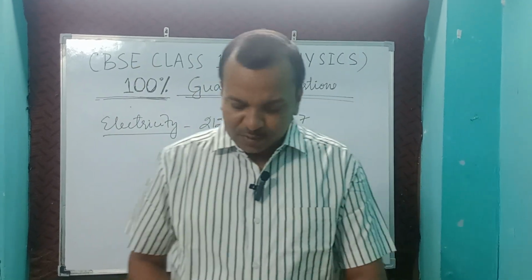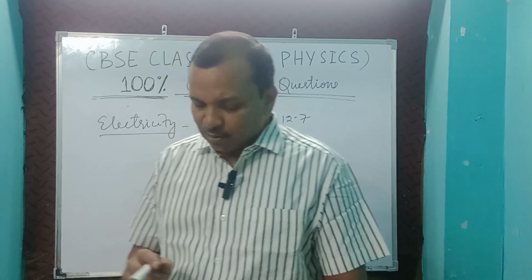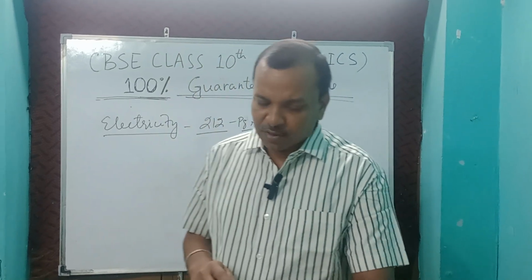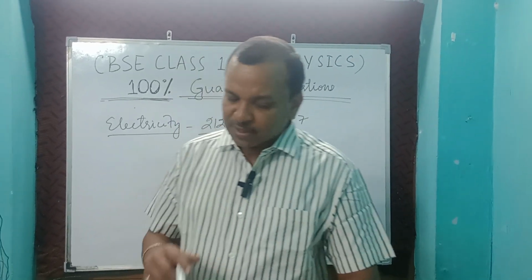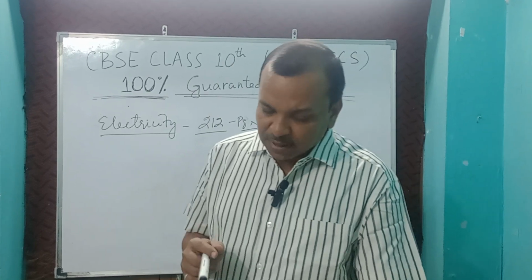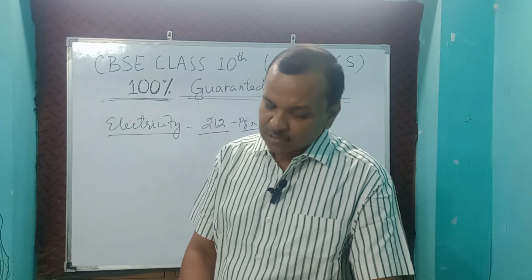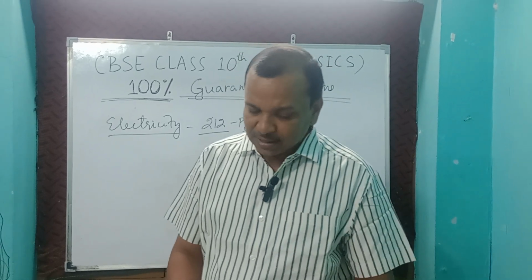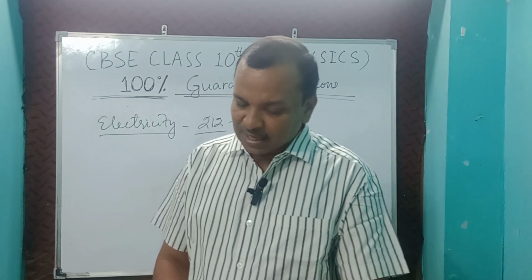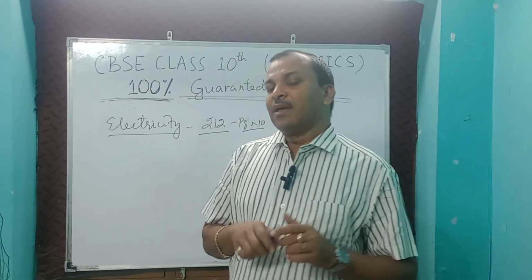An electric lamp whose resistance is 20 ohm and a conductor of 4 ohm resistance are connected to a 6 volt battery. Calculate the total resistance of the circuit, the current through the circuit, and the potential difference across the electric lamp and the conductor.